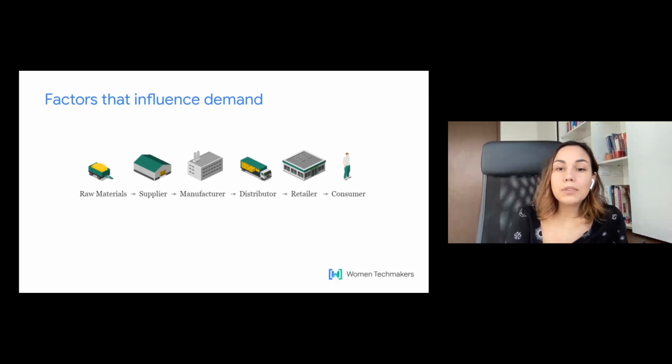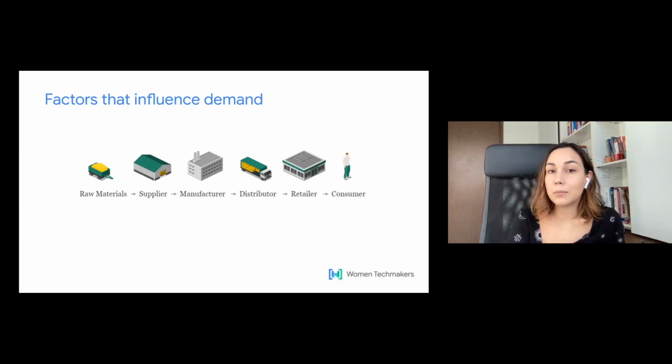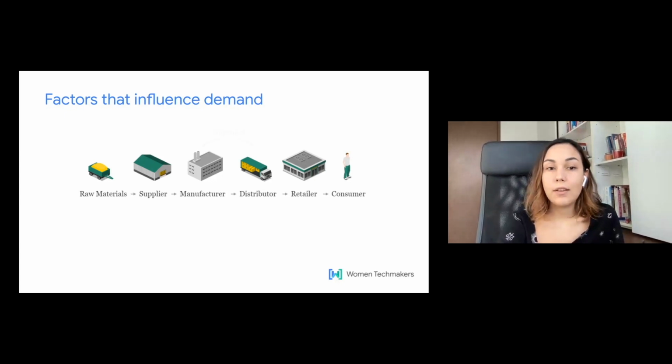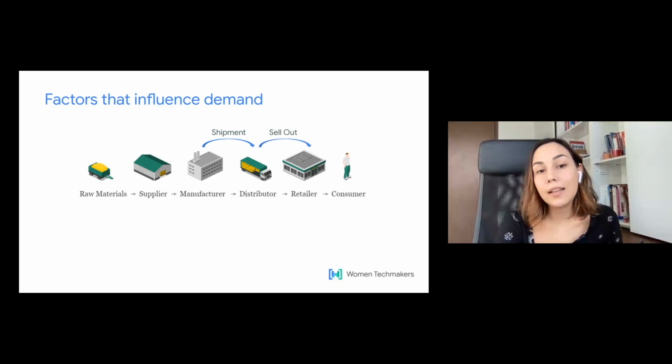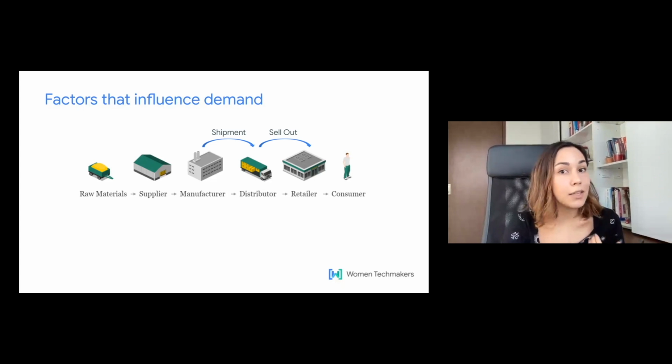For example, what will you consider first if you wanted to know how many bottles of shampoo the distributor from Malaysia is going to ask for tomorrow? One of the things that you might want to consider is how much quantity the distributor will be selling to the retailer and how much it sold in the past.